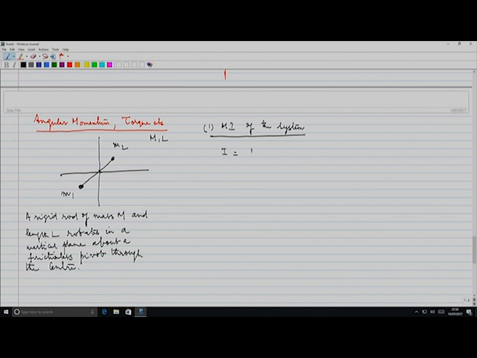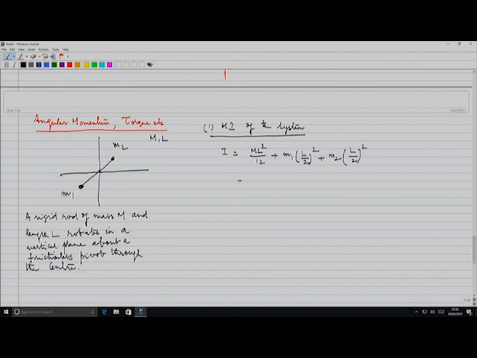the center, which is M L squared by 12, plus little m1, one of the masses, into L by 2 whole squared, plus m2 into L by 2 the whole square.